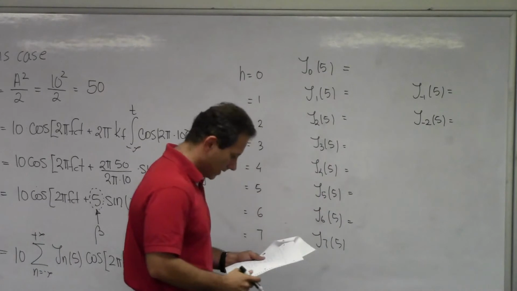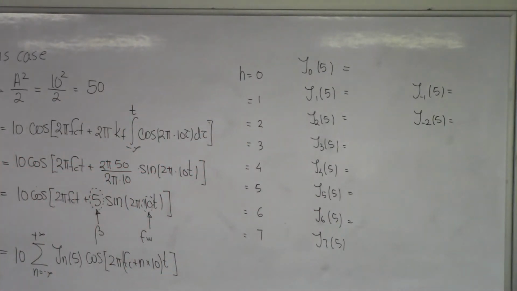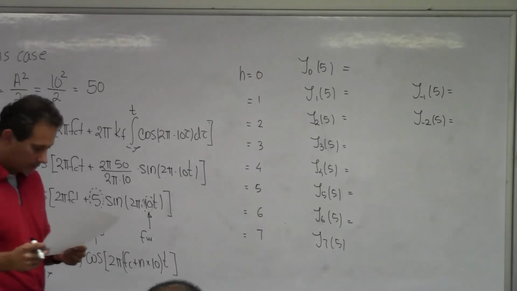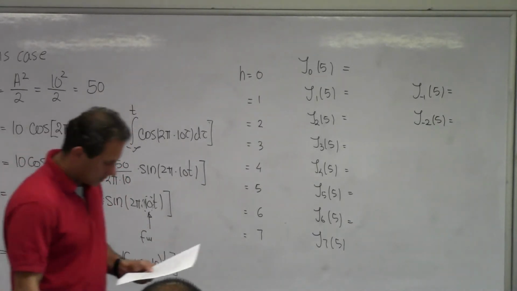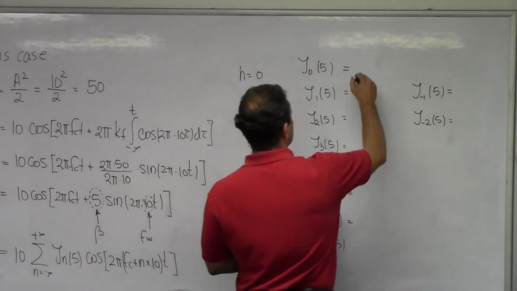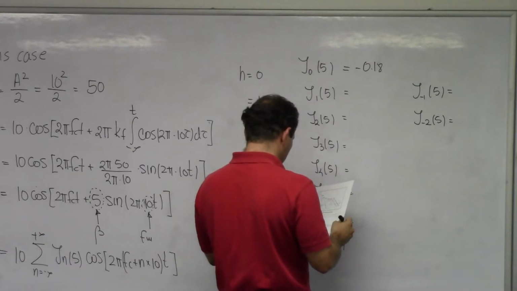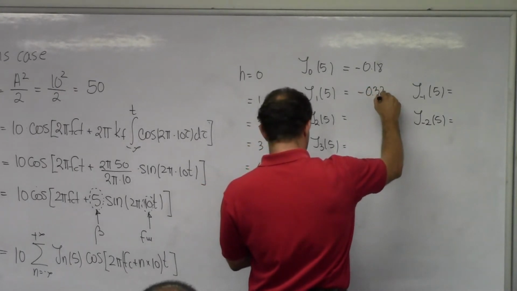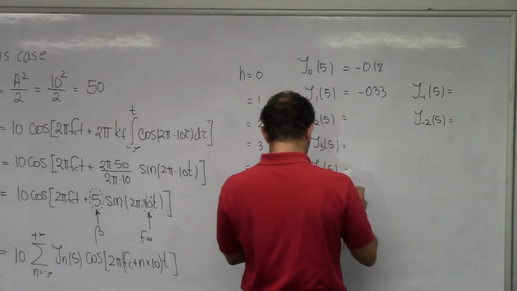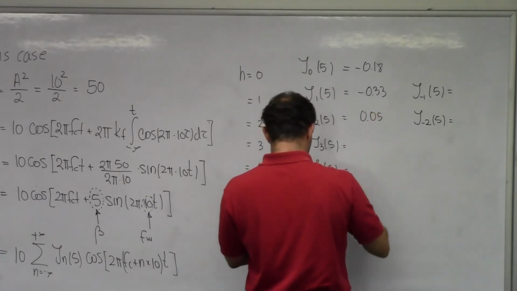So let's first do this column. What is J0 of 5? Can you read it? What is it? Minus 0.18. What is J1 of 5? Then J2 of 5, 0.05.